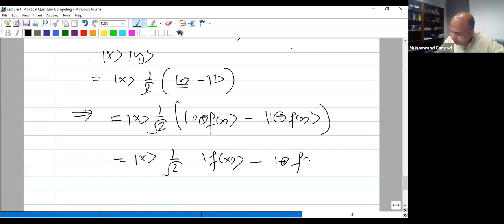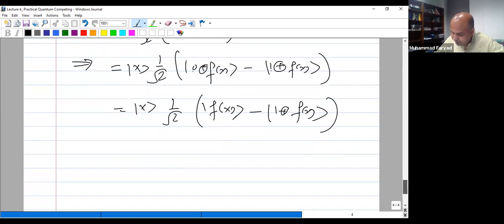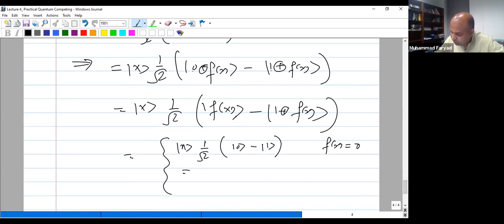But let's see it like this: if f of x is 0, this will become x times 1 over square root 2, 0 minus 1. Okay, so this is equal to x y again.